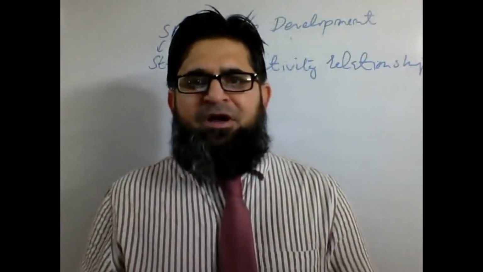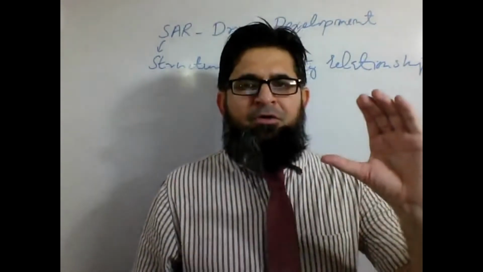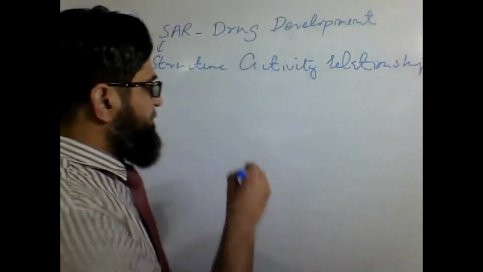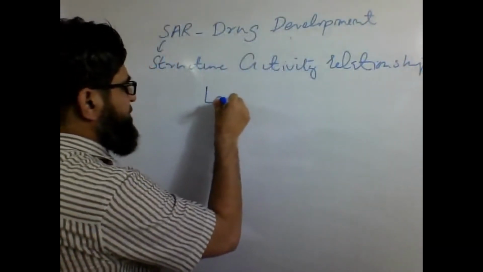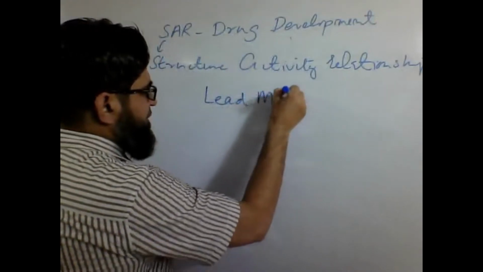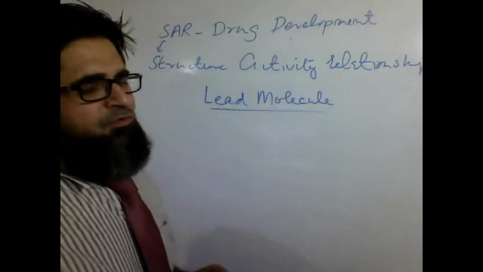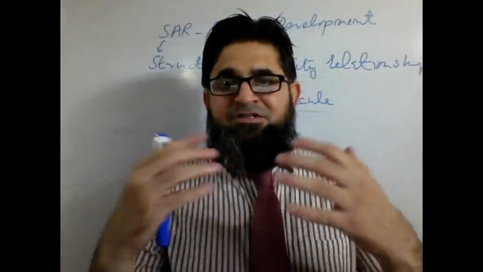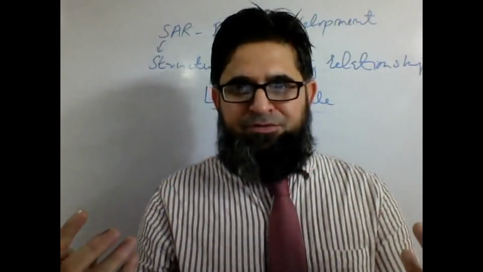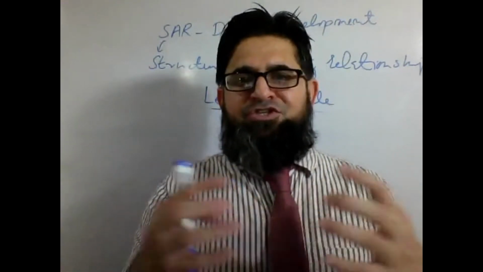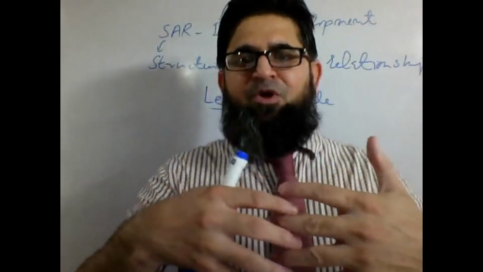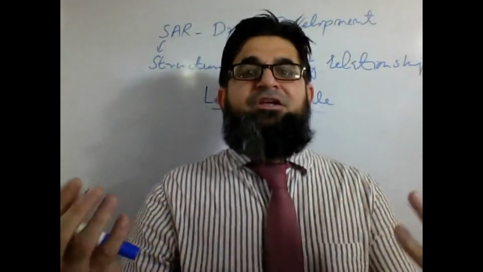Once we get a lead molecule, how do we get a lead molecule? What is a lead molecule? Let me give you a glimpse about it. Whenever we have a library of molecules, whether they're synthetic or natural compounds, we screen them, we check their biological activity, any specific activity.